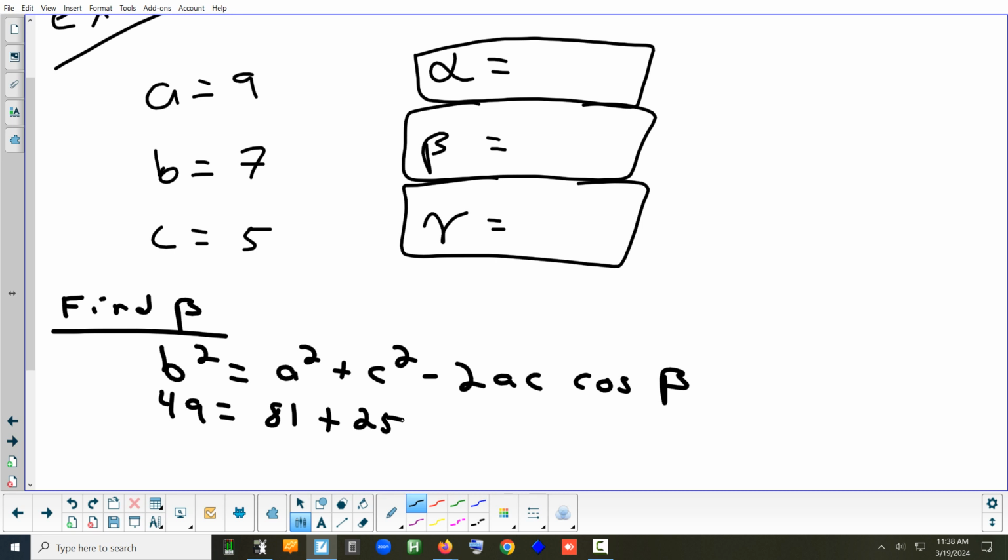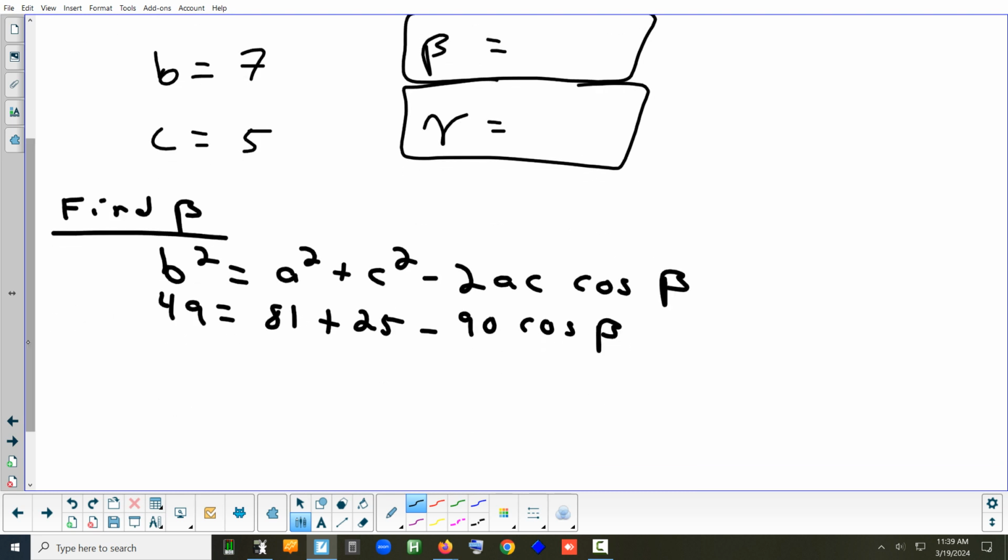Usually all the sides are nice numbers. So at least to start the problem, the arithmetic is pretty easy. 2 times a times c. Well, let's do 2 times c first, because that's easier. What's 2 times c? 10. Times 9. 90. Okay. What would I do first on the right-hand side? Combine like terms.